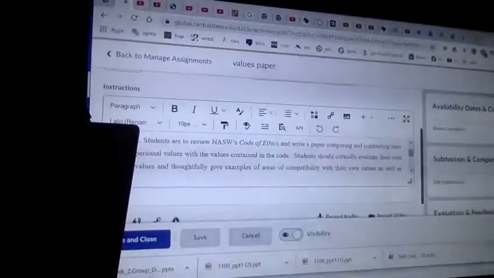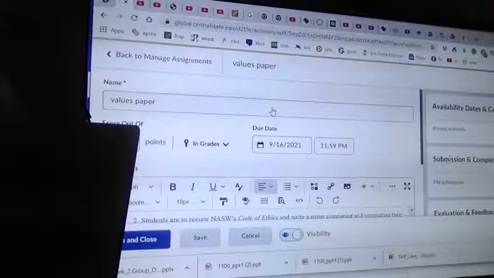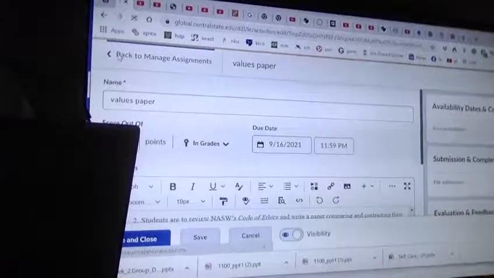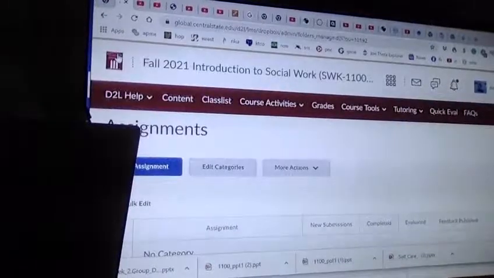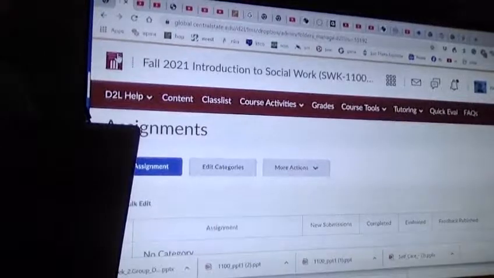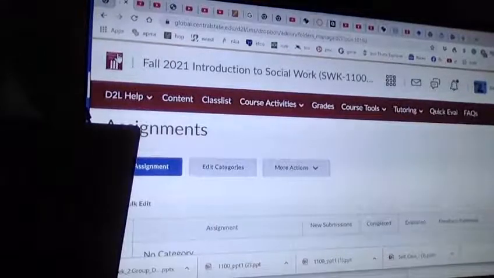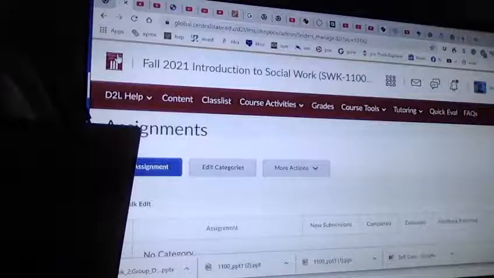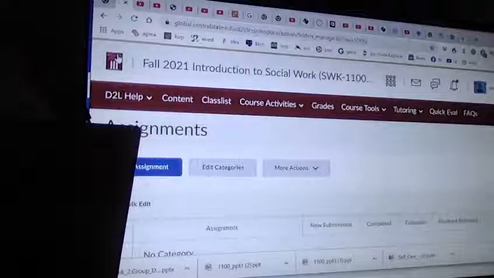Because yes, your next deal is, for those of you in my intro class, we got the value paper next, but for this class, it's our eco map. That's it. So when you see a client in the social work setting, and you want to get a family history, the genogram is really helpful.